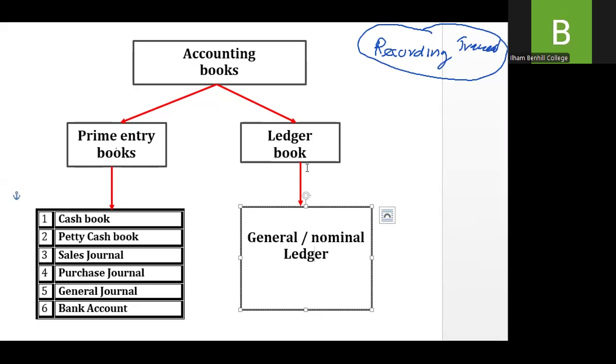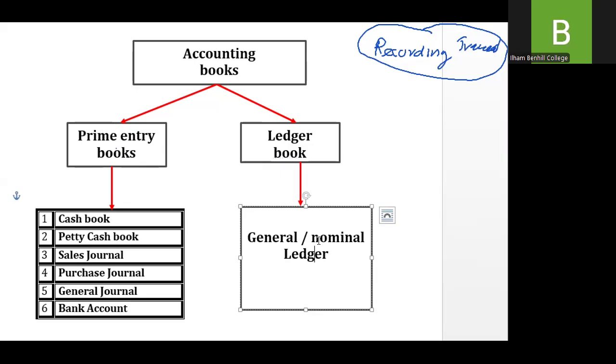Actually, ledger books are further classified into 2, but that is not in your syllabus. One of them is the general ledger, and that is fine, because you don't have the other type of ledger book for your studies. So we call it the general or nominal ledger.